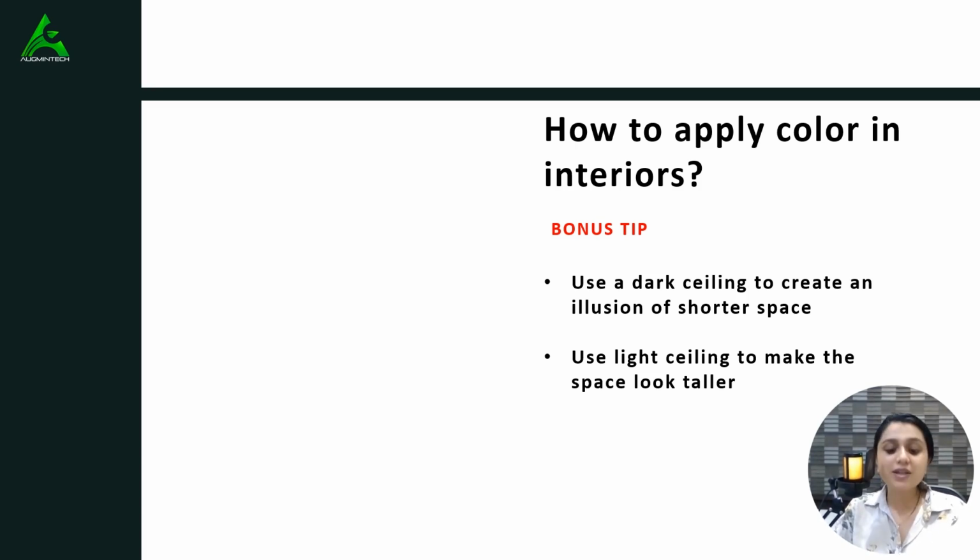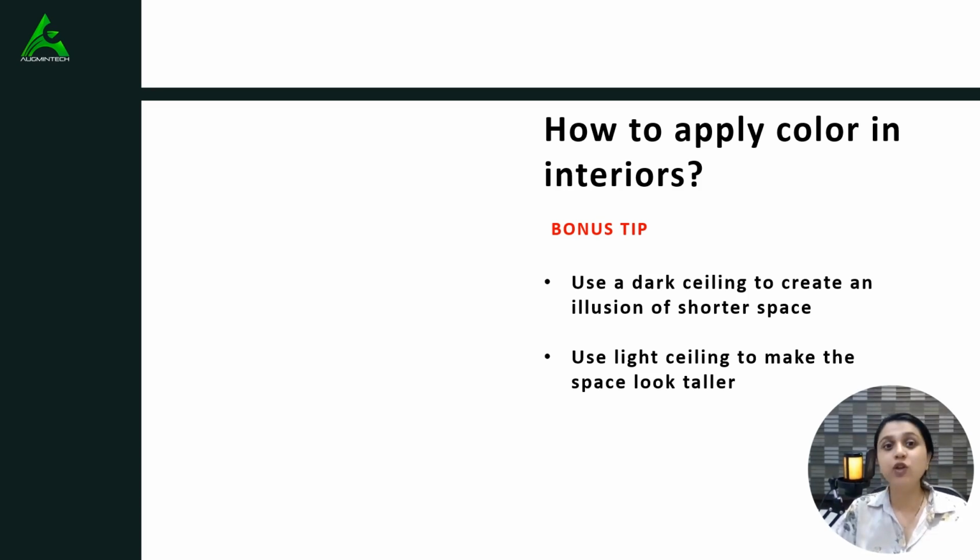Let's say, for example, you have a very nice bedroom design which you are designing for your client, but the height of the room is way too much. It is 13 feet, let's say. Some people might like that, but those kinds of spaces also tend to feel a little bit large.